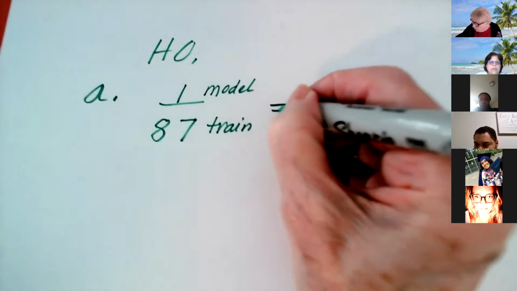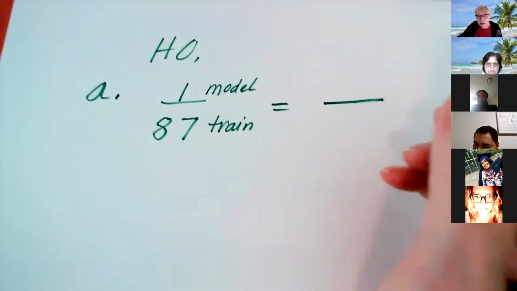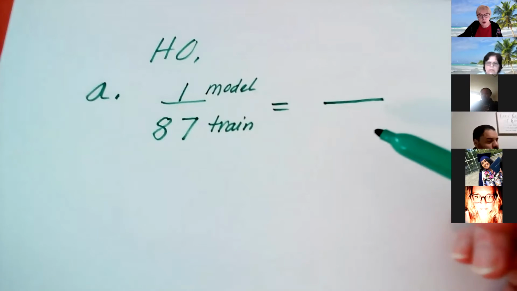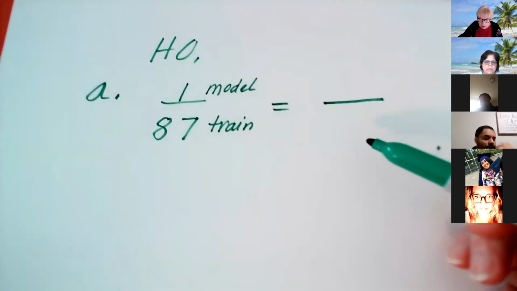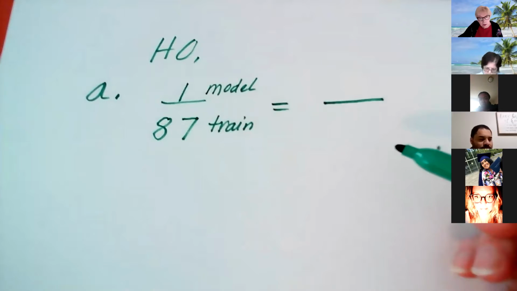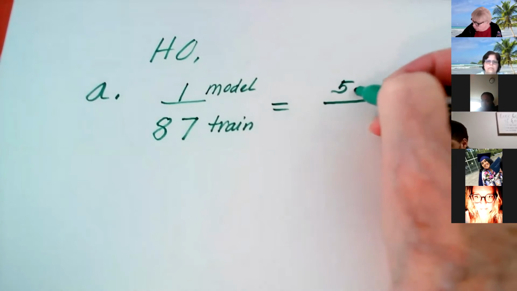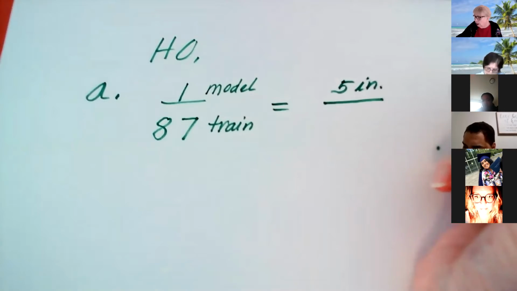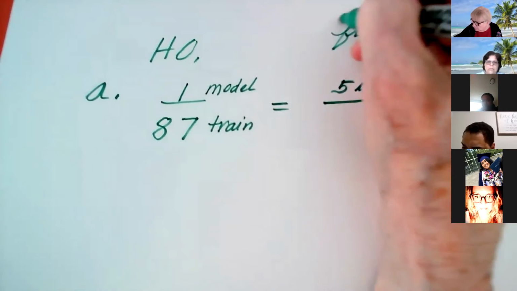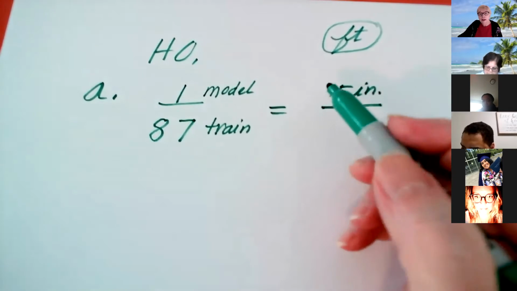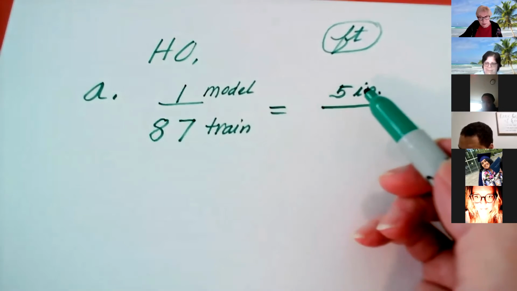Okay? That's one side of the equation. And the reason I put the words in is because I've got to make a match over here. Now, what they said was the model was 5 inches.